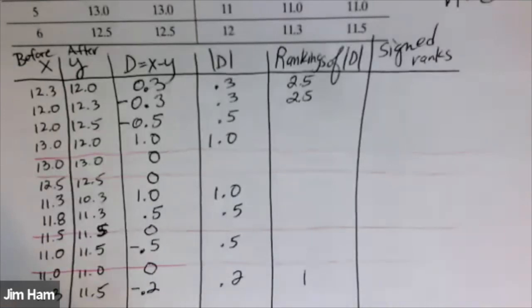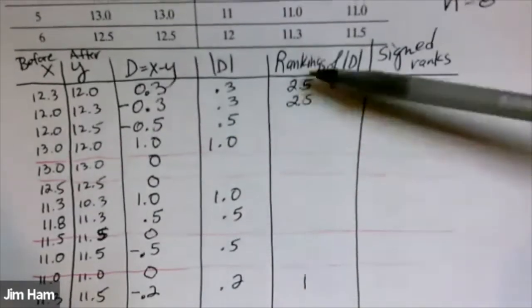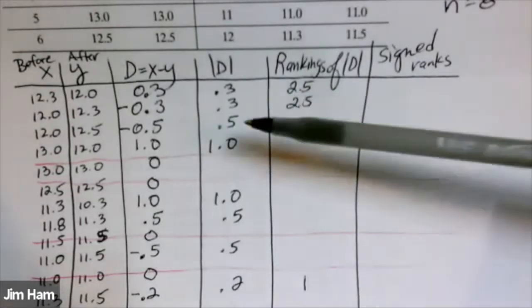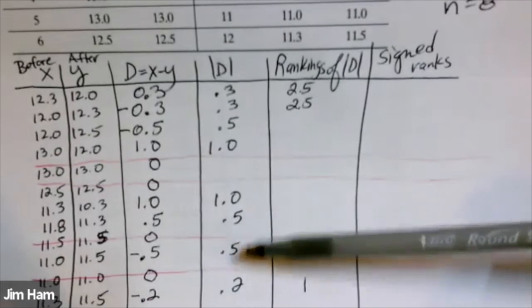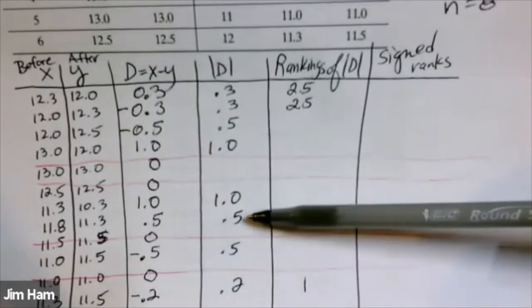All right, now here's a new one as well. We're at 1, 2, 3, and the ranking coming next would be 4. But 0.5 appears 3 times. So there are 3 rankings that we want to assign to the 0.5.